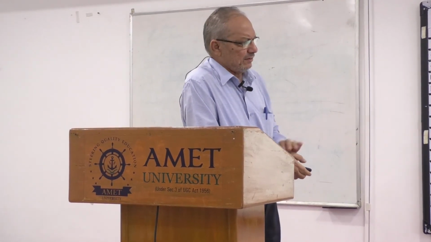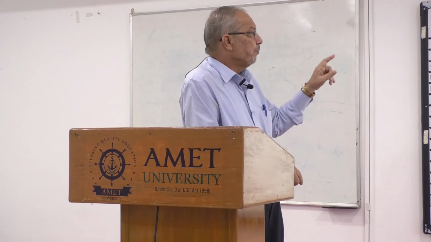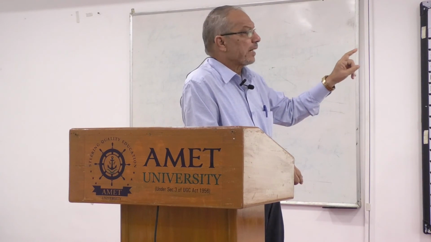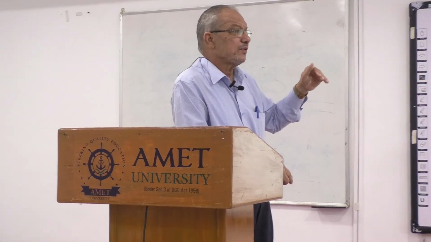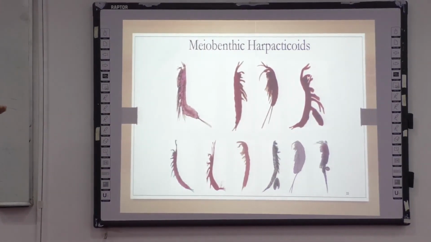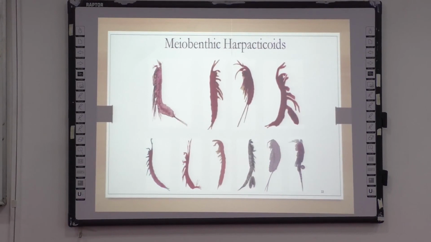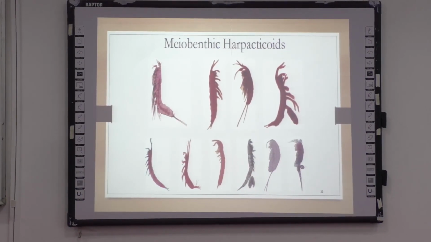Now this is a very interesting aspect, the meiobenthic harpacticoids. I was telling you about the calanoids, cyclopoids and harpacticoids. I said that calanoids are pelagic, cyclopoids, of course, can swim in the water column, and harpacticoids are benthic.